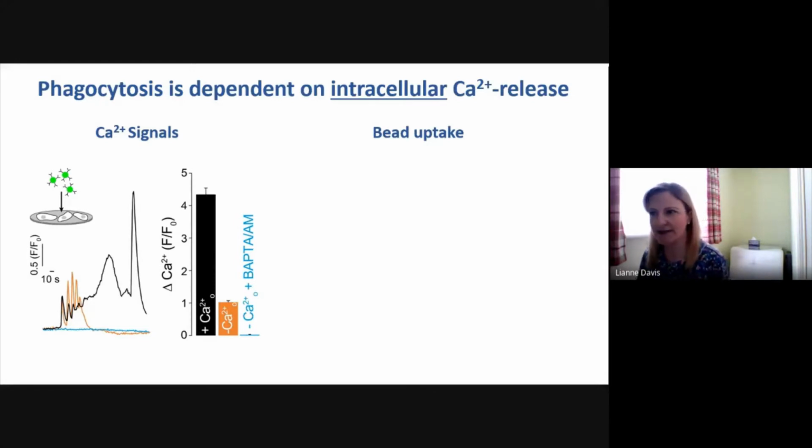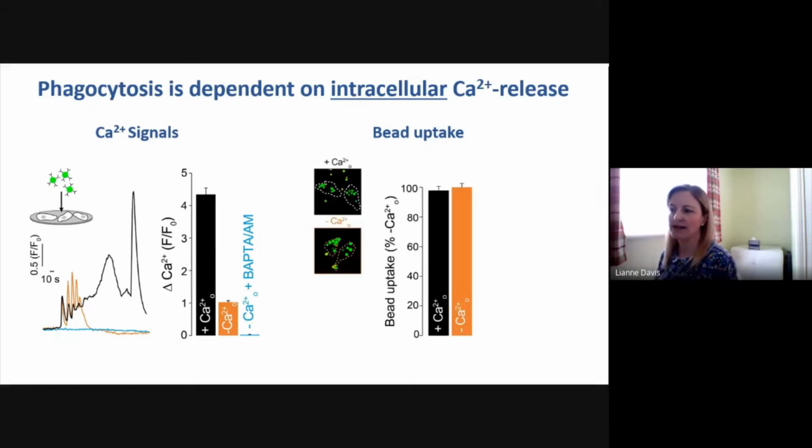But what are the effects of these manipulations on bead uptake? Compared to the control, the removal of extracellular calcium shows no change at all in phagocytosis. This clearly indicates that calcium influx plays no role in driving phagocytosis.